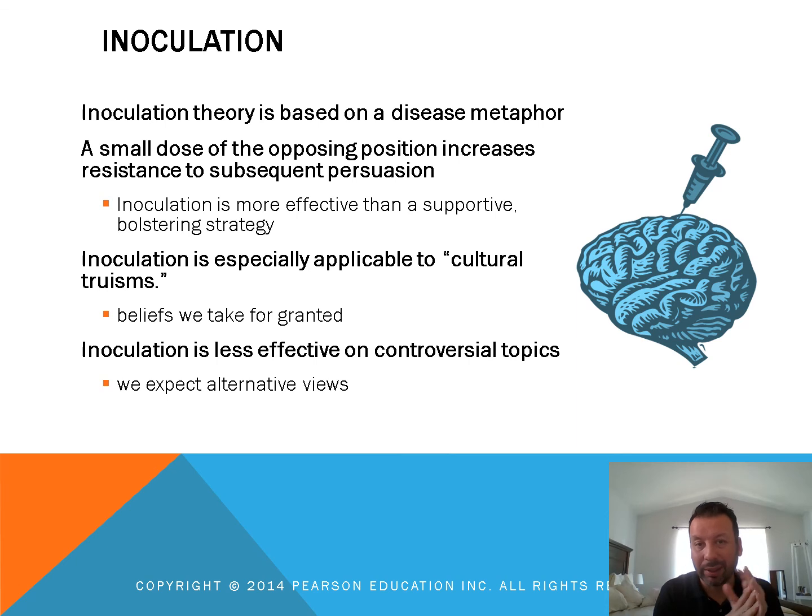That's what this is. It really is the idea that by giving you a little bit of information and a little bit of truisms, cultural truisms, which are beliefs that we take for granted, the more likely you are to build a recognition to what they're trying to inoculate you for.